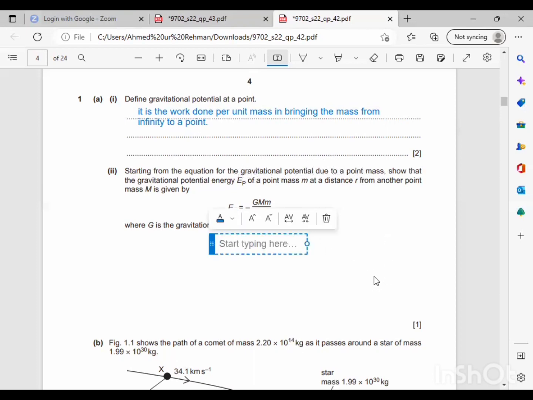If we talk about it, we know that potential energy is equal to potential due to a point mass into the mass, right? So if I write it in terms of our formula, I get E equal to our potential. The equation of our potential is GM upon r, right?